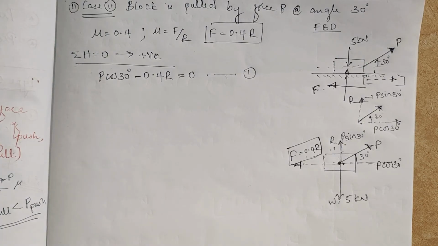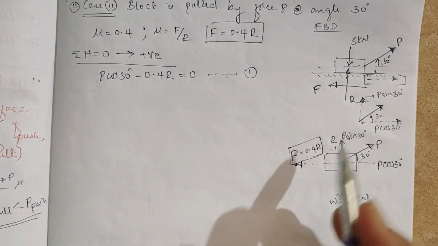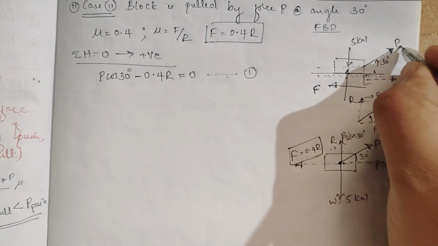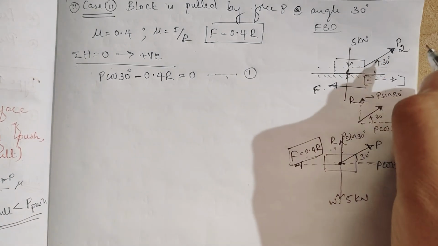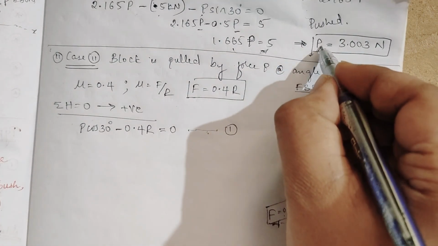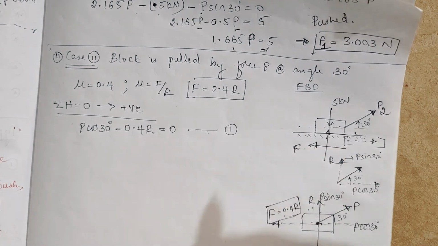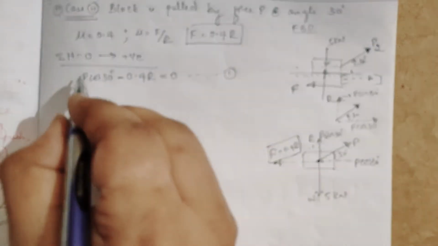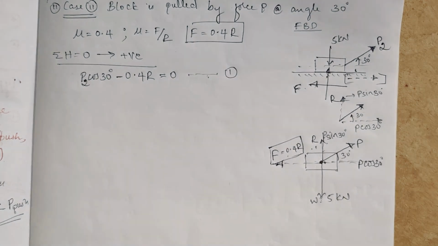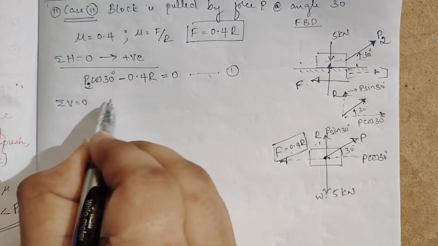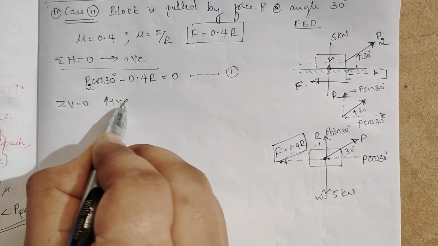Now what we do is, I'll take this pulling force as P2, we should not confuse, and the pushing force as P1. Just naming, that's it. Now sigma vertical force is equal to 0, taking upward as positive.